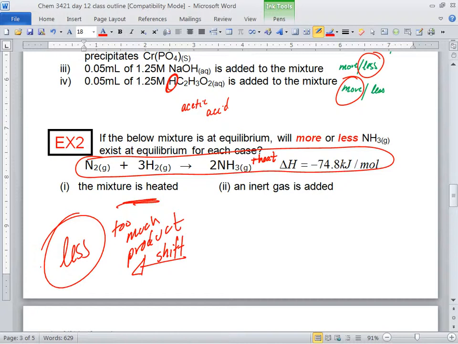An inert gas, the pressure. Pressure they can play around with. Kelly, do you remember the trick to doing this? I think we spent a microsecond on this in general chemistry. And there was a trick to doing it. Does anybody remember? You're increasing the pressure. You have to count the what molecules on each side?